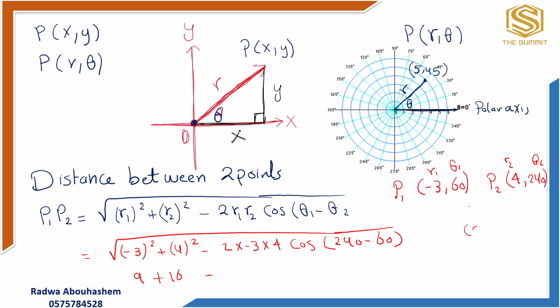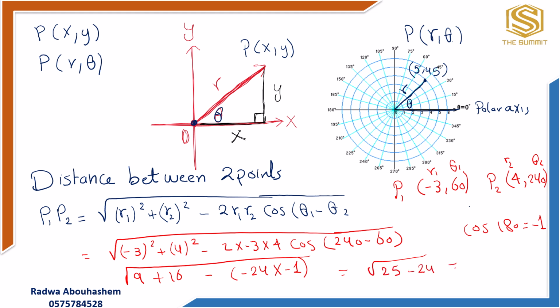Cosine 180 is negative 1. So here it would be negative 24 times negative 1. So here the square root of 25 minus 24. So it's the square root of 1. So the answer is 1.